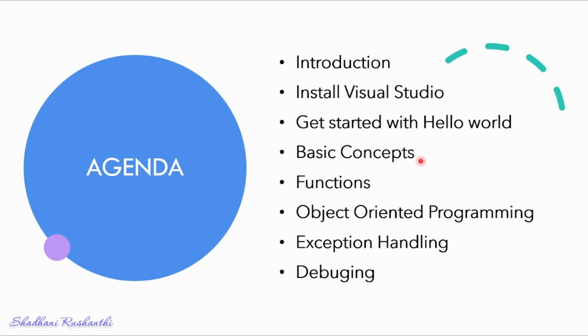So we have gone through basic to advanced concepts of the C# programming language, which helps you so much as a programmer. So that's all for this video series, and let's meet again with another video series.